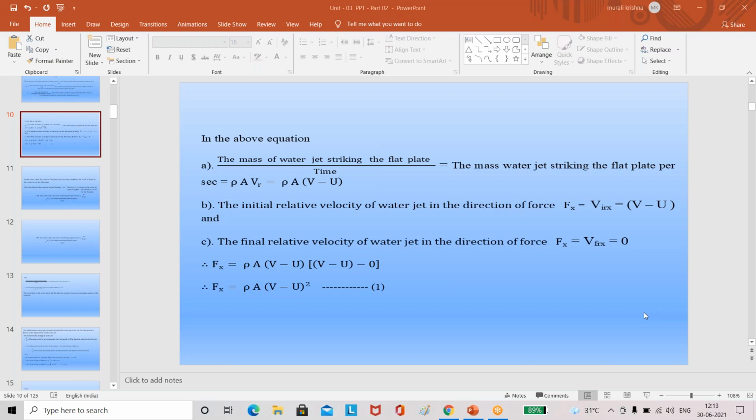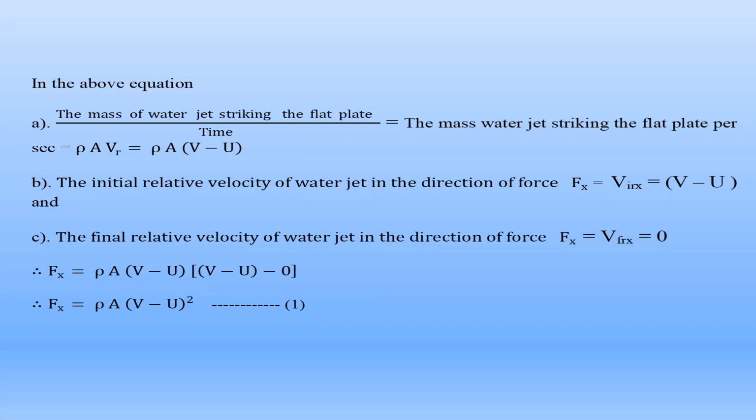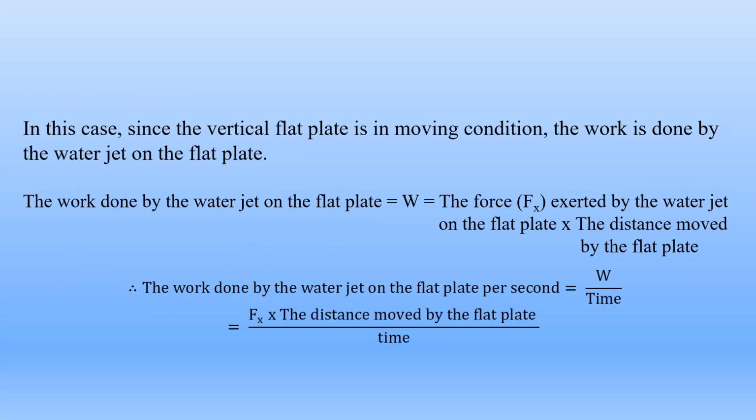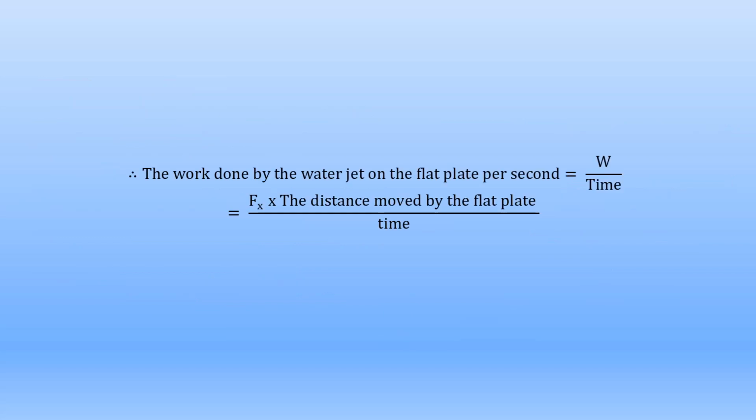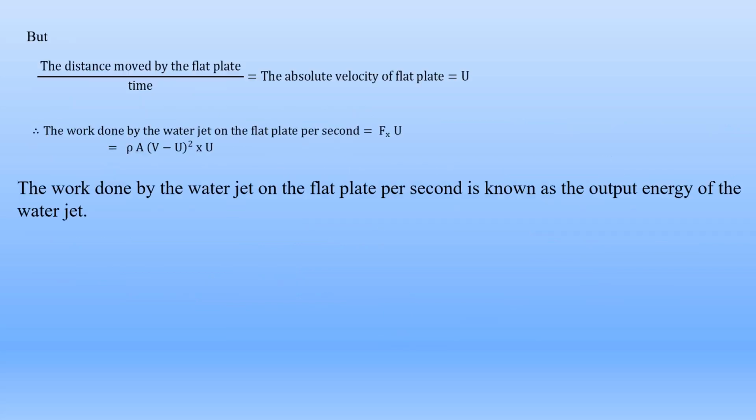The work done by the water jet on the moving vertical flat plate per second is equal to rho a (v minus u) whole square into u.